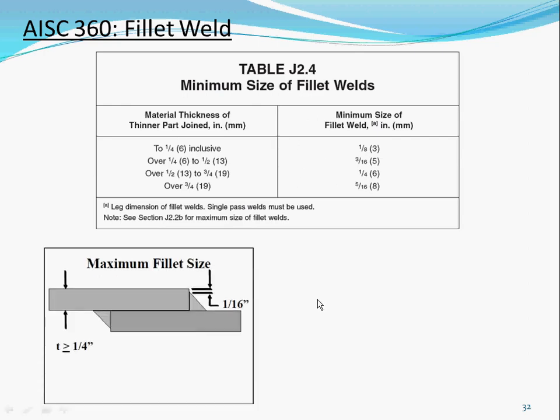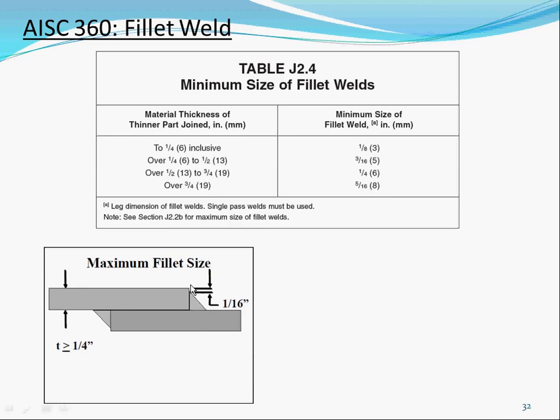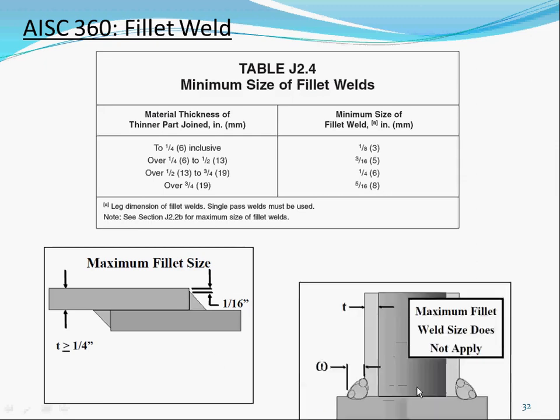There's also a maximum size fillet weld as well. Most people don't concern themselves with this because the cases where it occurs are not very common. You don't want to weld all the way to the top of the edge because you might burn the edge off. So 1/16 is typically what you keep.